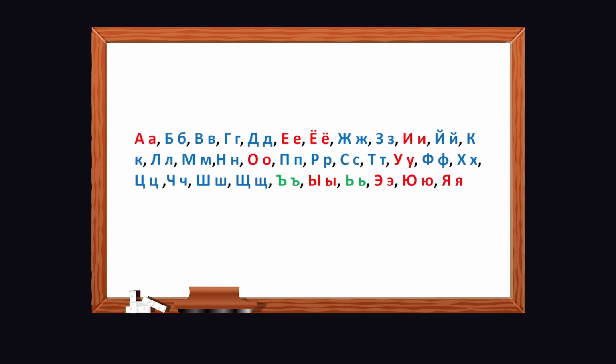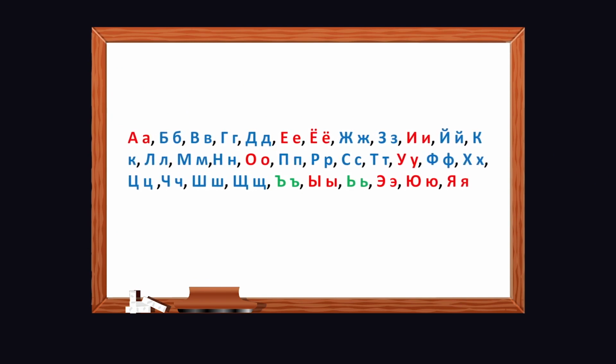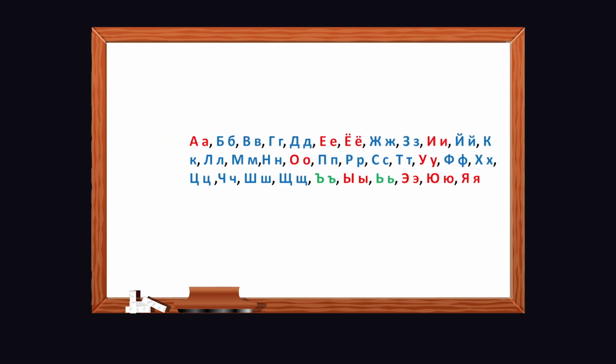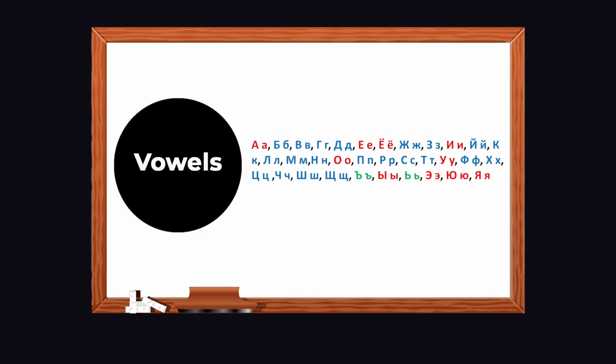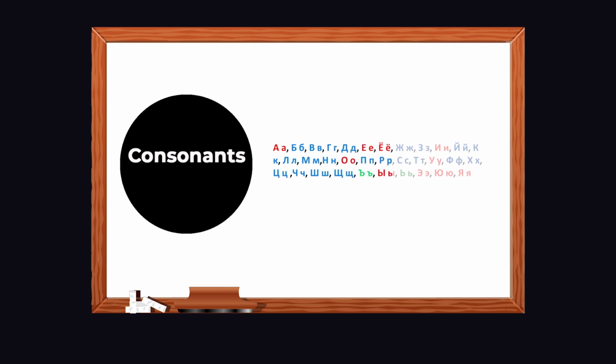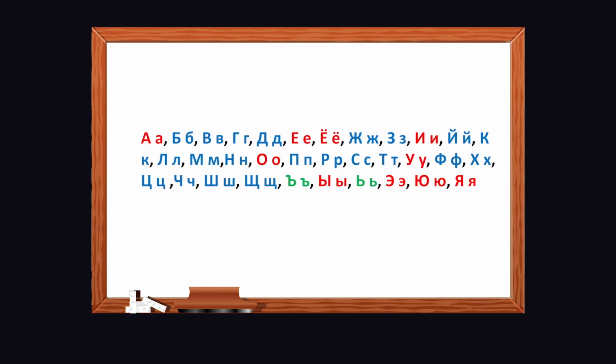You must pay attention to the color scheme we have used here, so that you can identify whether the letters are vowels, if they are in red color, consonants, if they are in blue color, or signs, with the help of green color. So let's go ahead and listen to these letters and their sounds one by one, and understand what role they play in the Russian language.